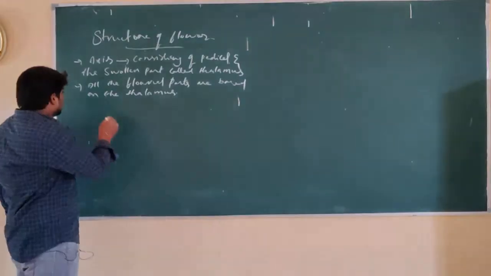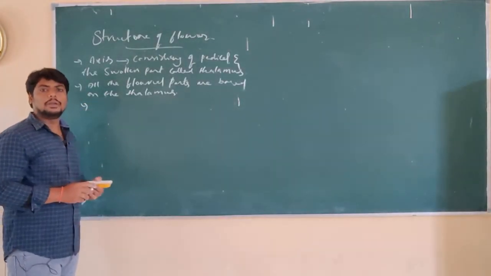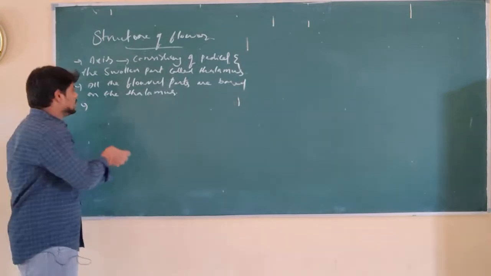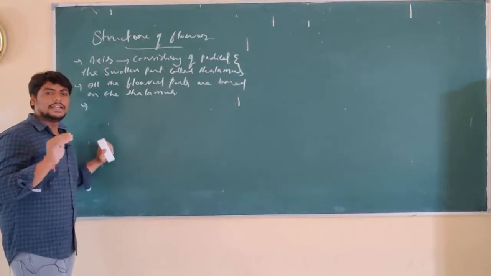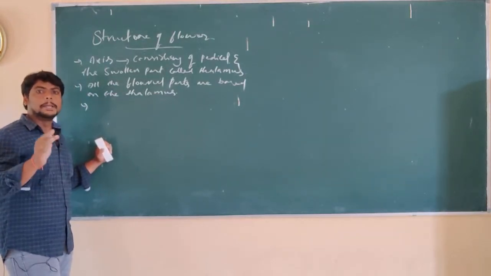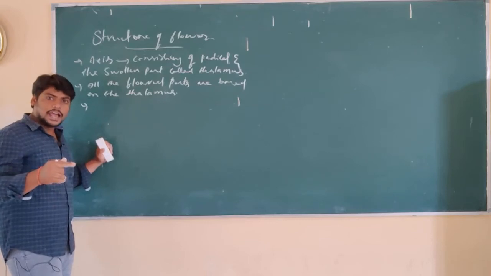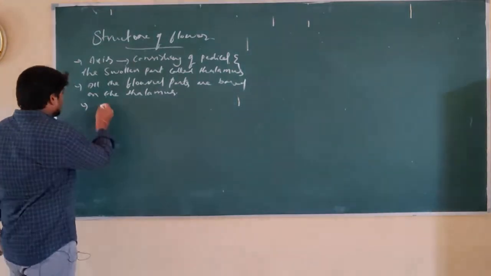Already we have seen that a flower consists of mainly how many parts? Four parts. These four parts of the flower are arranged in a pattern called a whorl.